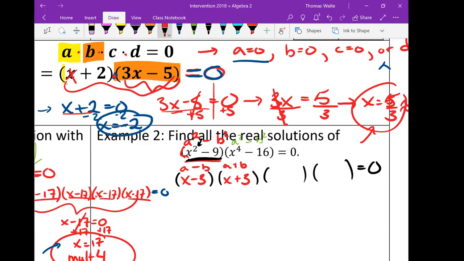If that's the case, then a squared is equal to x to the 4th. It's saying what times itself would give us x to the 4th. Well, x squared times x squared would give us x to the 4th. So a is going to be x squared in this case.